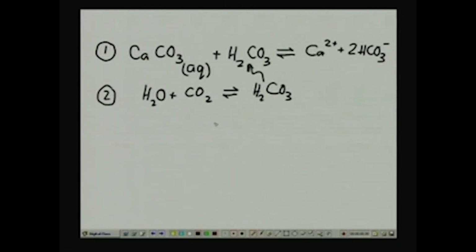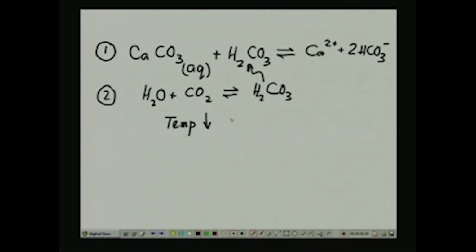Now, the forward reaction of dissolution of carbon dioxide in water and formation of carbonic acid is accentuated by a decrease in temperature. So, if temperature goes down, then the forward reaction is accentuated.